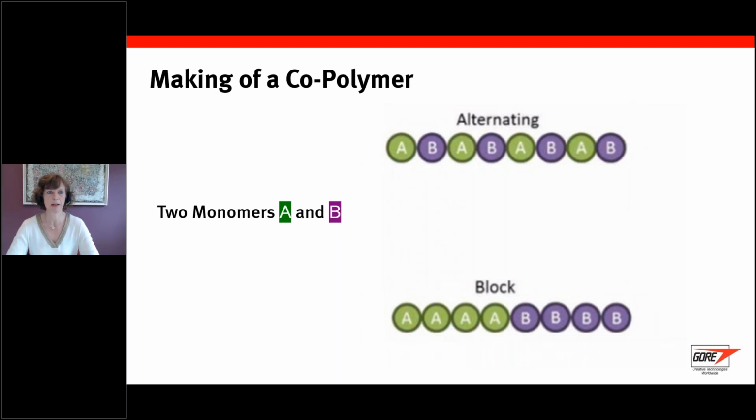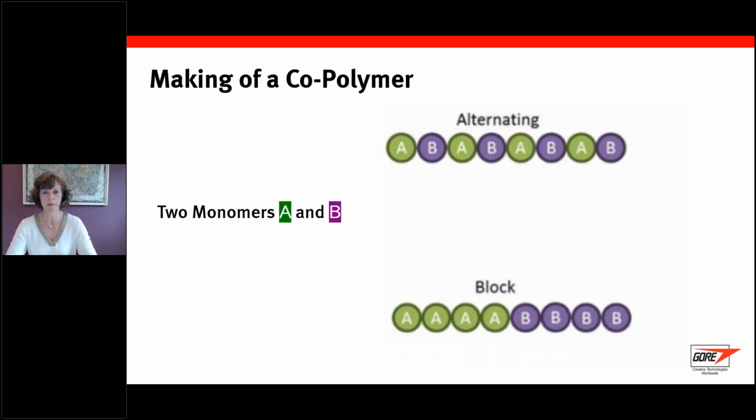We talk about making a resin or a copolymer, and I'm not a chemist, but I learned that if you take 2 monomers, let's call them A and B, and you put them together with some initiators in an organized reaction in a reactor, you turn those monomers into a copolymer.